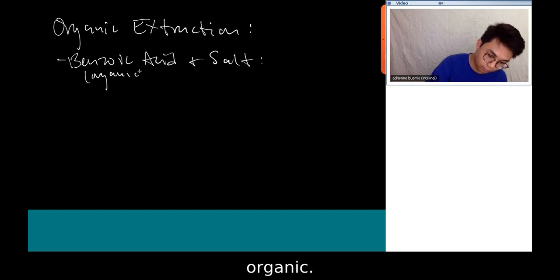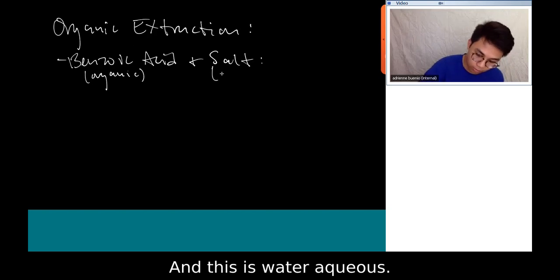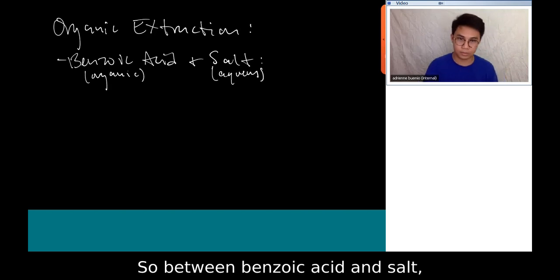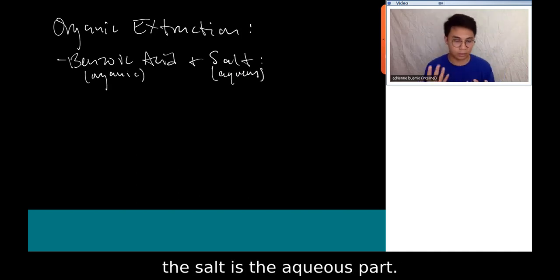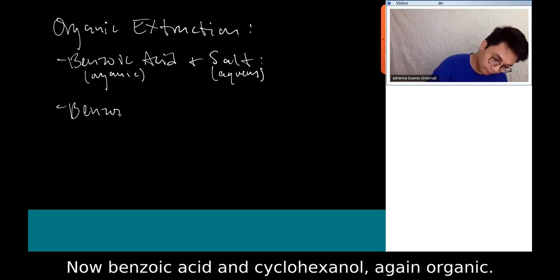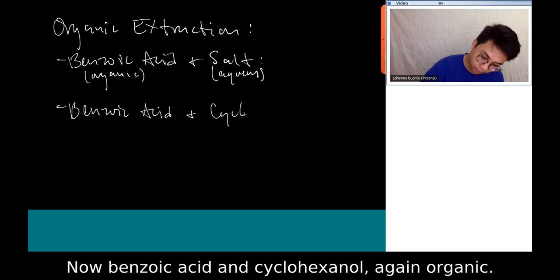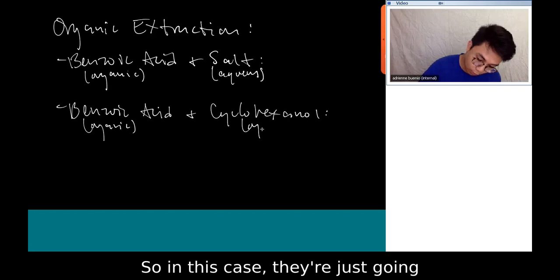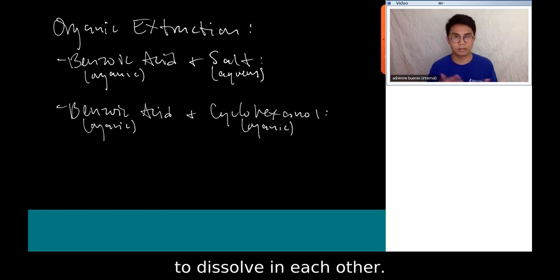Organic and aqueous, right? So between benzoic acid and salt, the salt is the aqueous part. Now benzoic acid and cyclohexanol, again, organic. Cyclohexanol is also organic. So in this case, they're just going to keep dissolving each other.